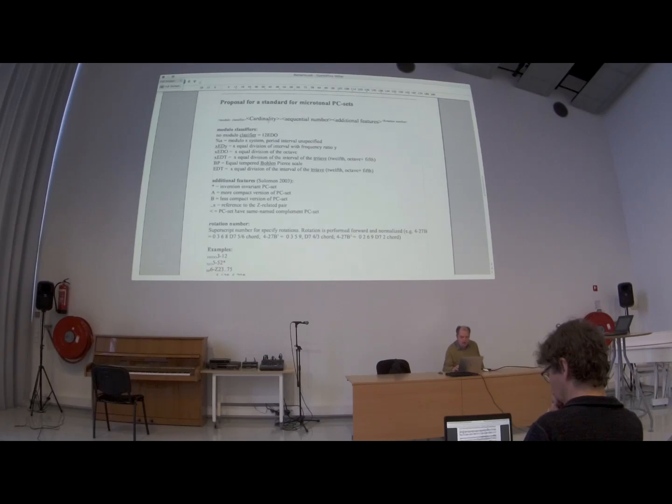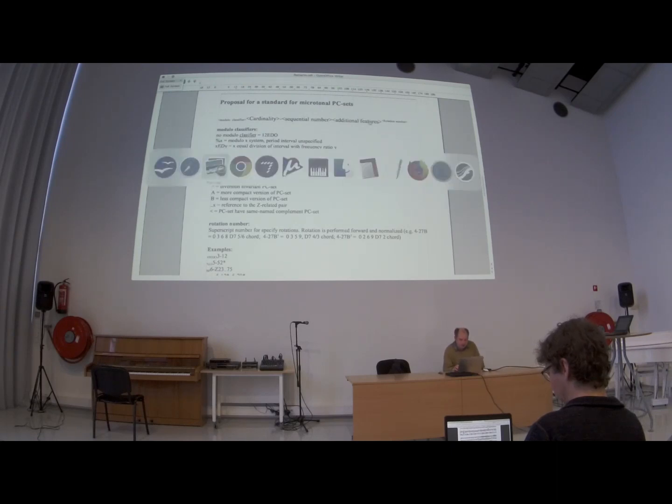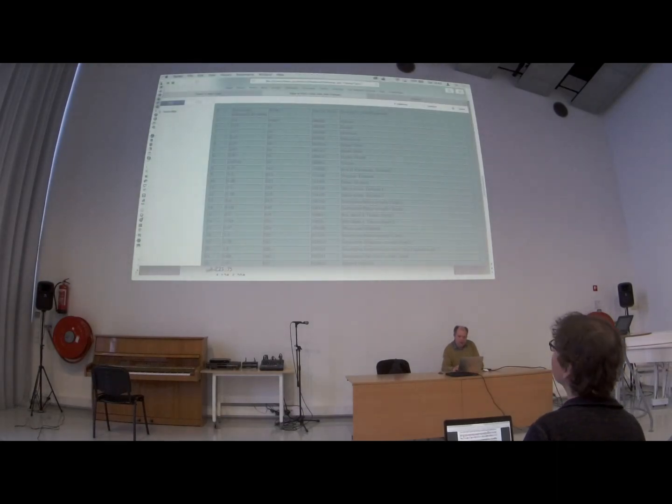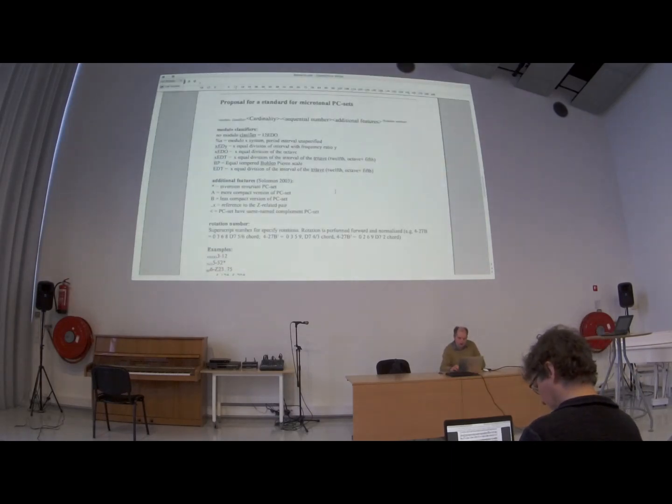Then, of course, the cardinality, slash, the sequential number, and additional features as in this Solomon table I showed before, this green one. If we want to specify the inversions as different phenomena, and then of course I think sometimes it's necessary that we even have to specify the rotation number, so that the classical inversion it is.